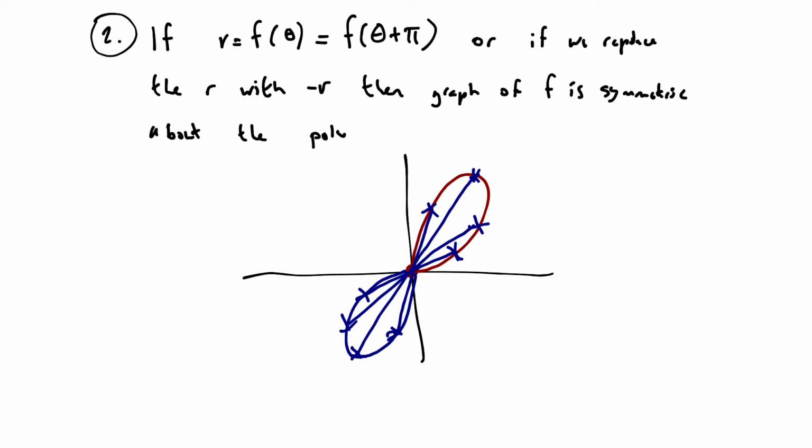And the same thing happens for the second quadrant. If we know what our picture looks like in the second quadrant, then we can reflect our picture into the fourth quadrant.